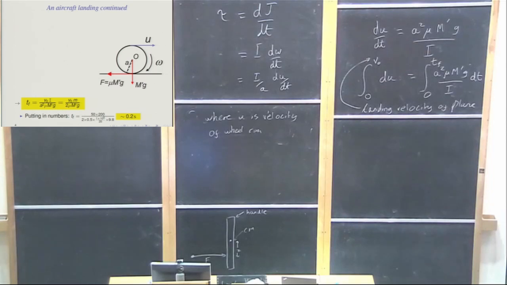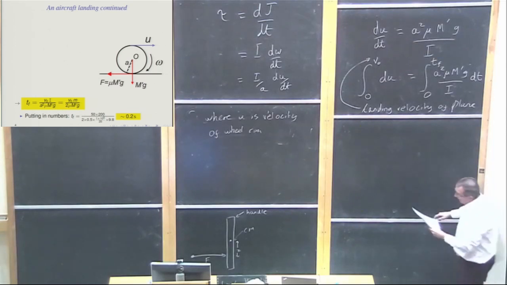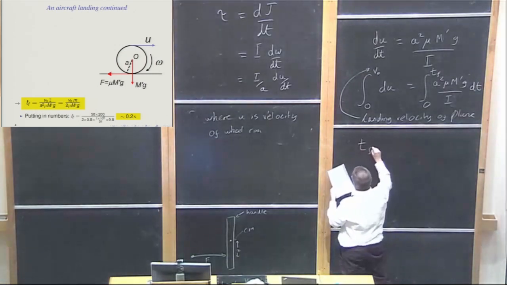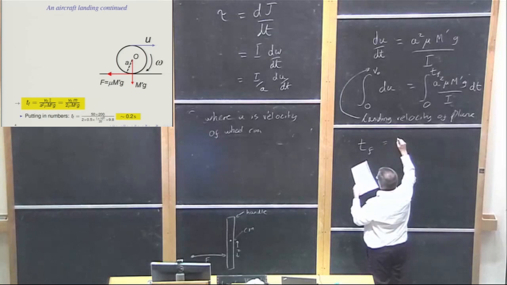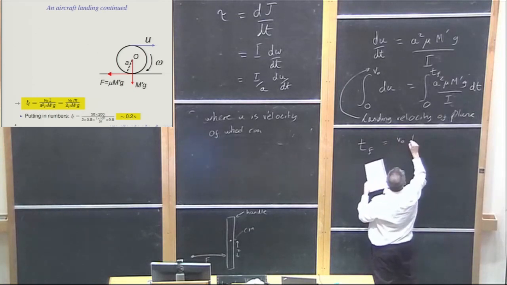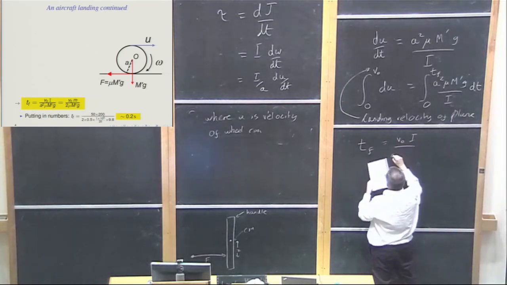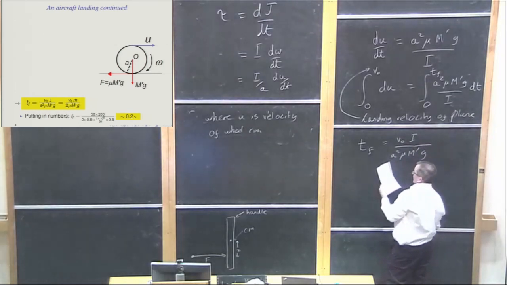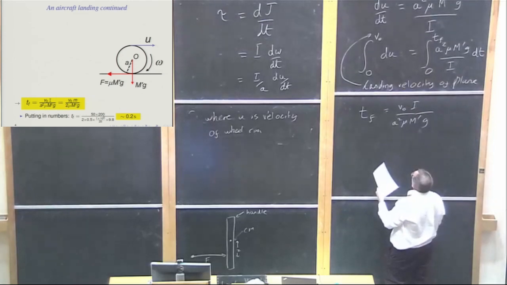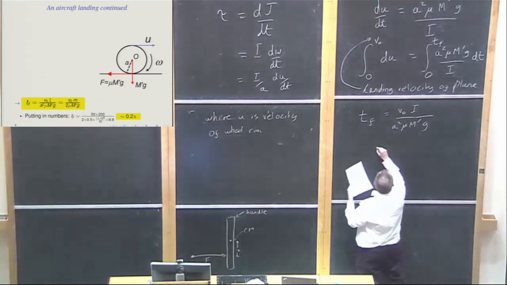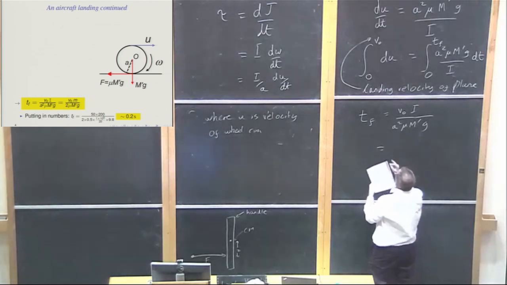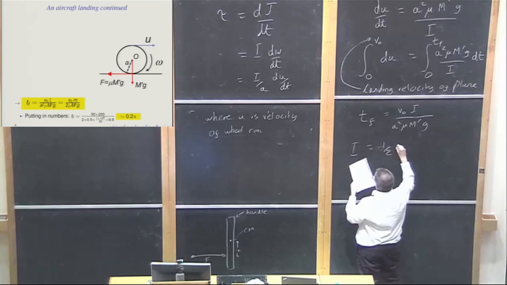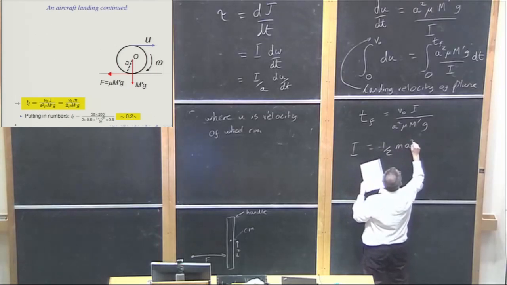So that's a very easy equation to solve, and we get that Tf is V0 I over A squared mu m prime g, and let's put in what I is. I is a half ma squared.